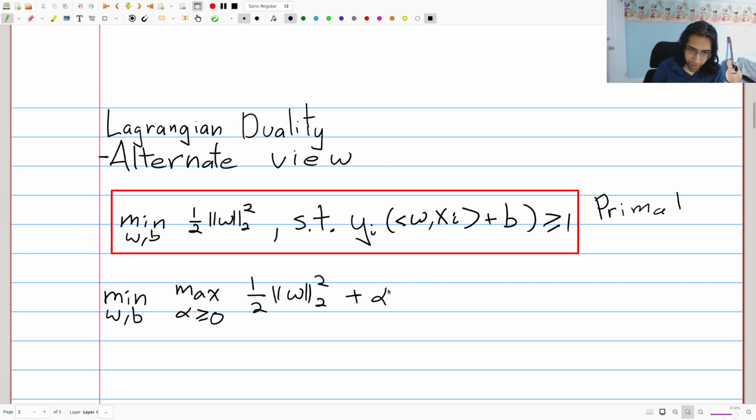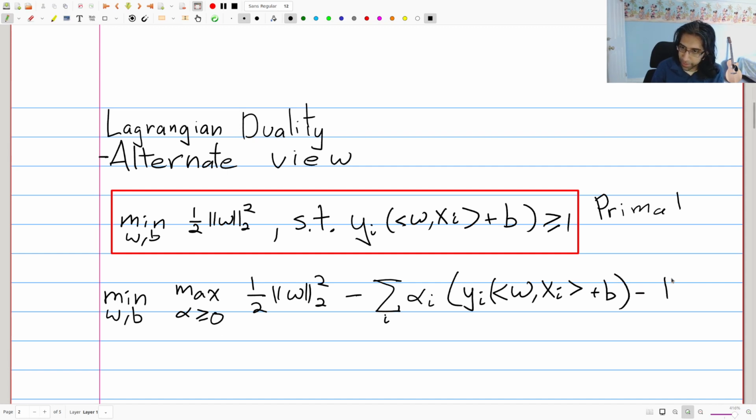We do, sorry, it's going to be the following: minus the summation over i, alpha i times y_i, and then basically the rest of this, minus 1.